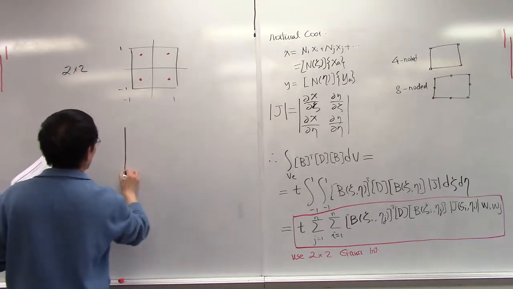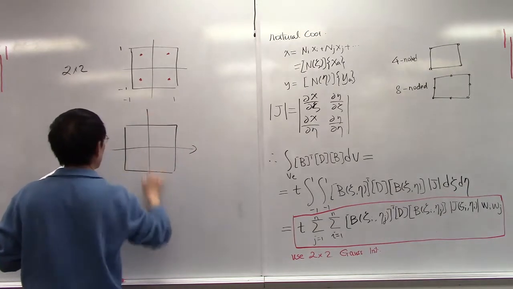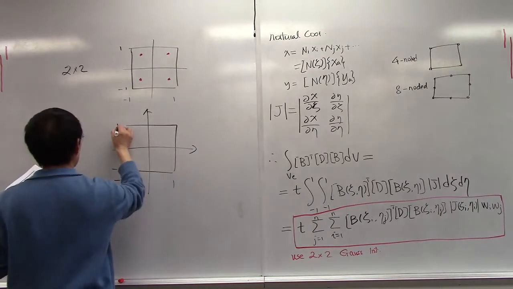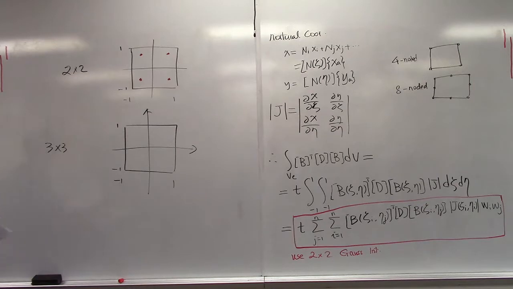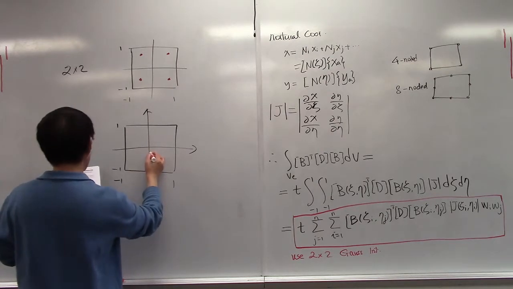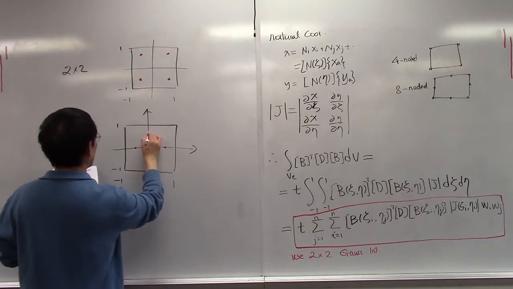Now, if it's 3 by 3, still -1 to 1, -1 to 1. 3 by 3. The Gaussian point will look like this. It is symmetric. So you have 1 point here, 1 point here, 1 point here.